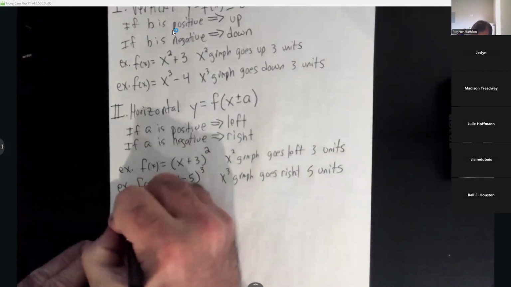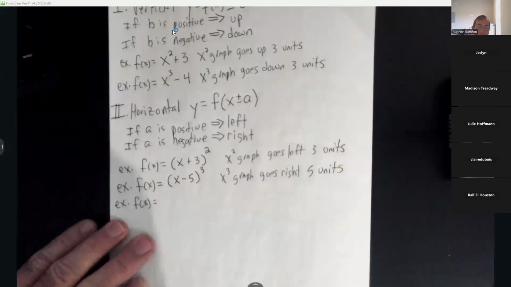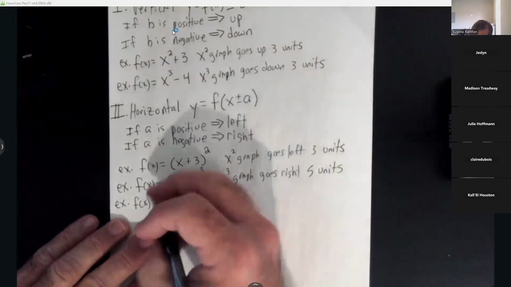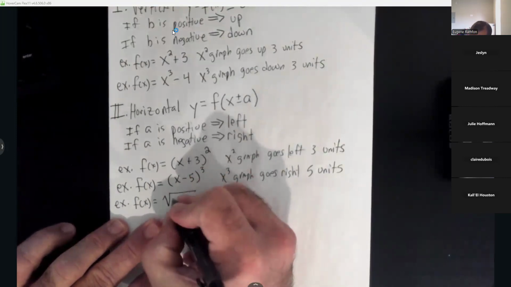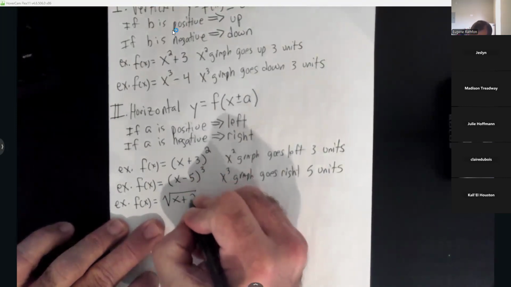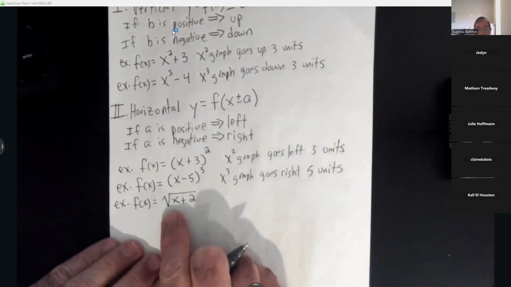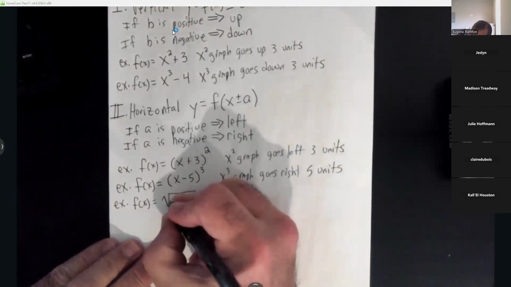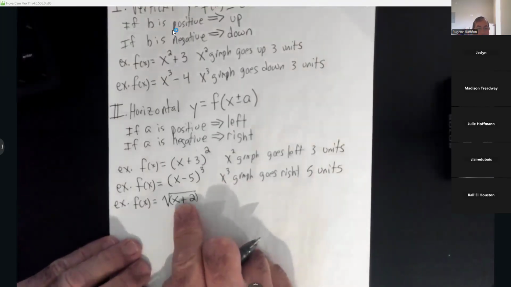Then y'all want to do another example to show y'all one of these with the square roots. If I had something like this, square root of (x plus 2), square root radicals, we treat it like these things are inside parentheses, okay?